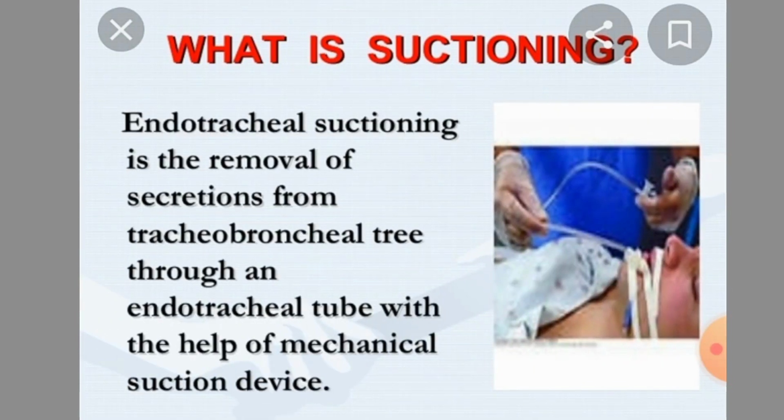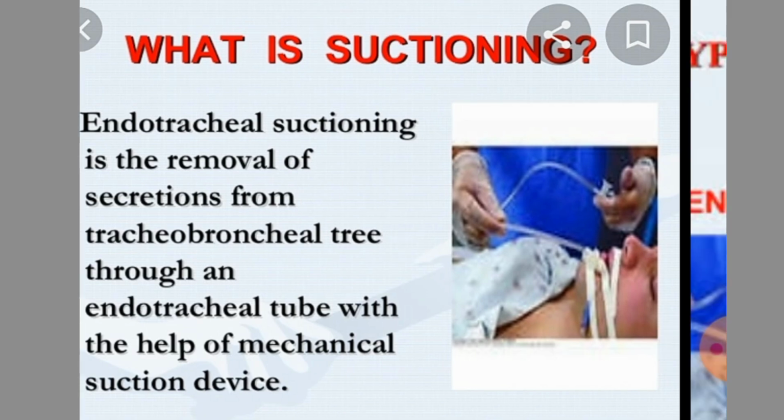After intubation means we have inserted the endotracheal tube. The patient is unconscious or semi-conscious and cannot breathe, especially at operation time, so they use the endotracheal tube. This endotracheal tube is connected to the ventilator, which gives artificial breathing. So if any secretion happens in this tracheal part, they do suctioning.